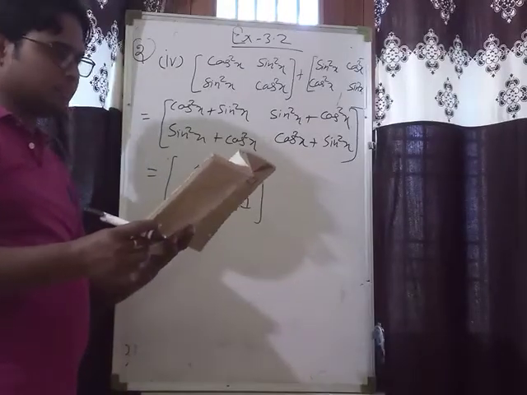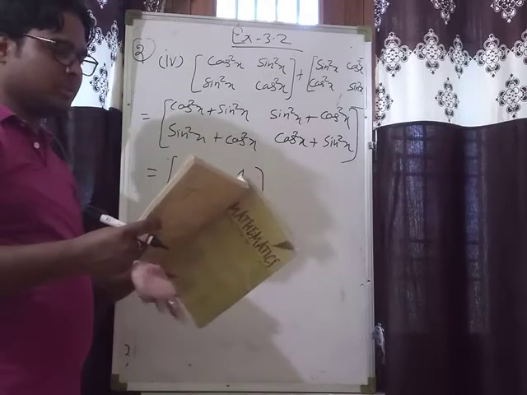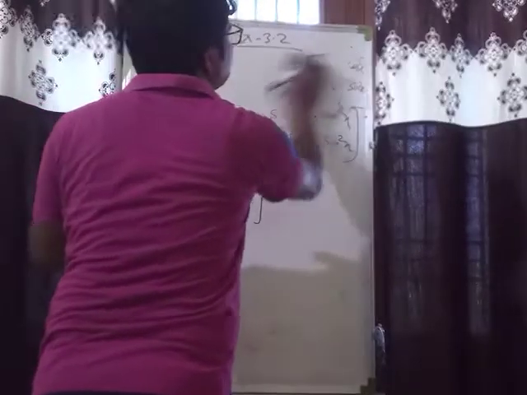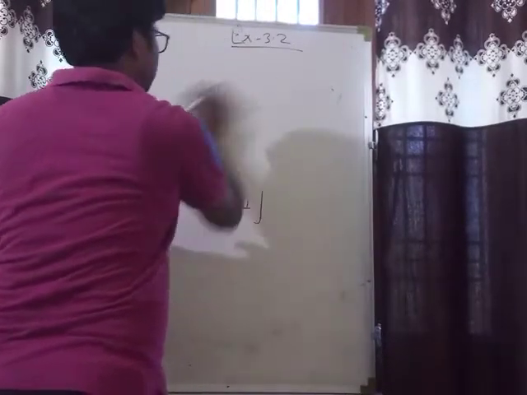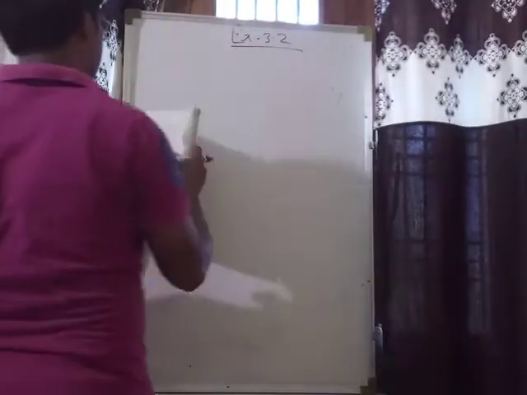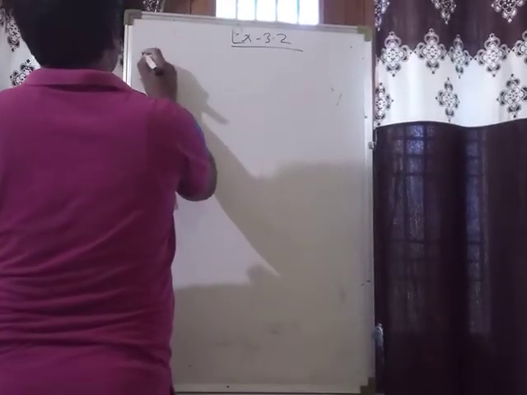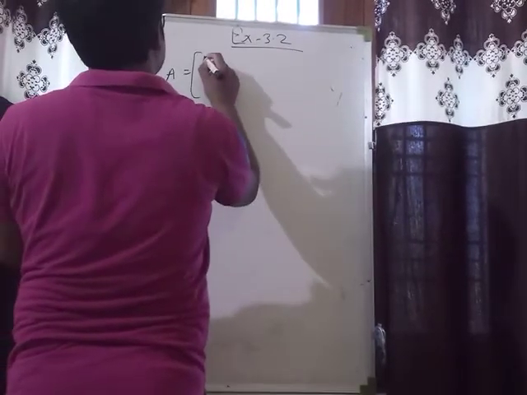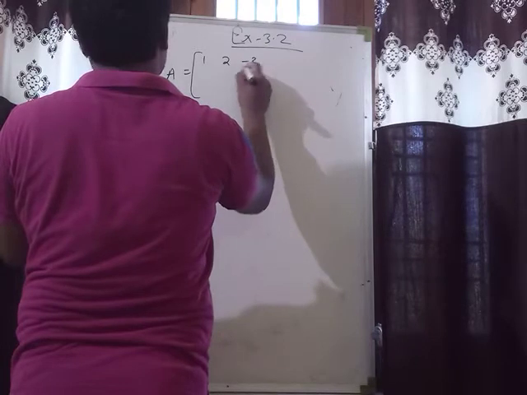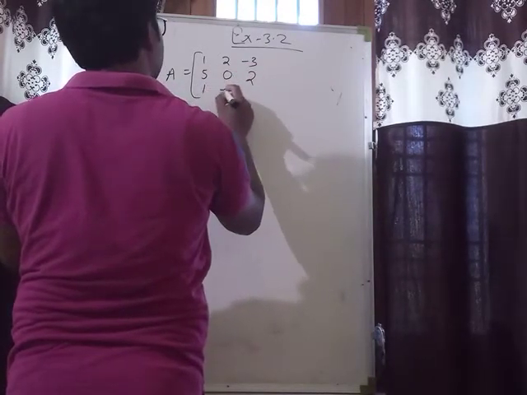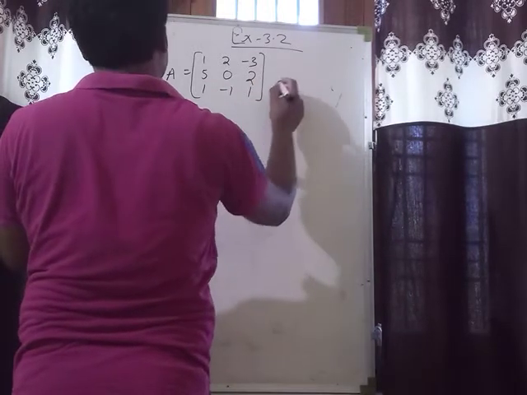Now, question number 4. I am going to solve question number 4. A is 1, 2, minus 3, 5, 0, 2, 1, minus 1, 1.